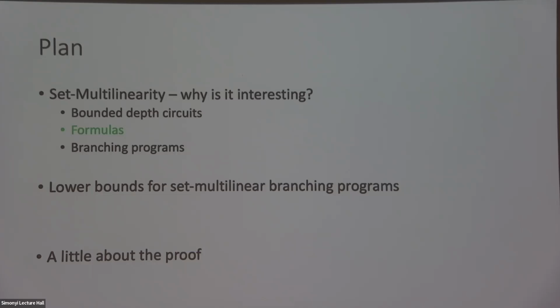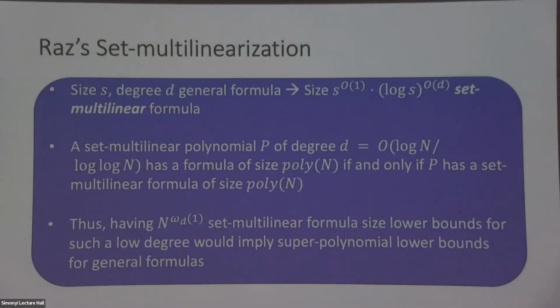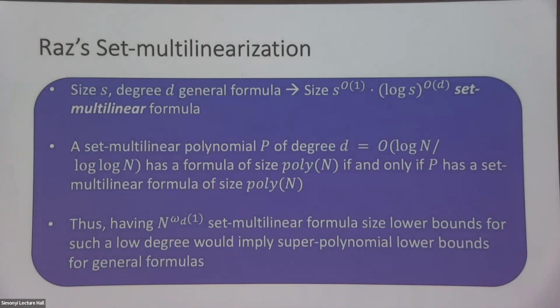So we already saw why set multilinearity is interesting for bounded depth circuits. Let me tell you a little about set multilinearity and formulas. So Raz showed something like the following, very similar to the LST result. If you have a size S degree D formula, then you can convert it to a slightly blown up set multilinear formula.